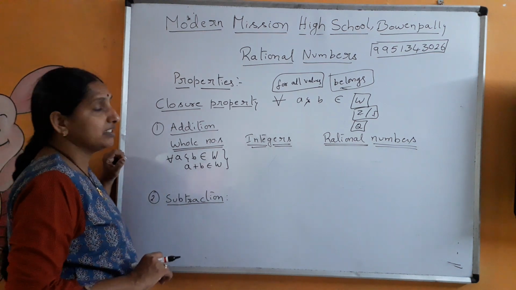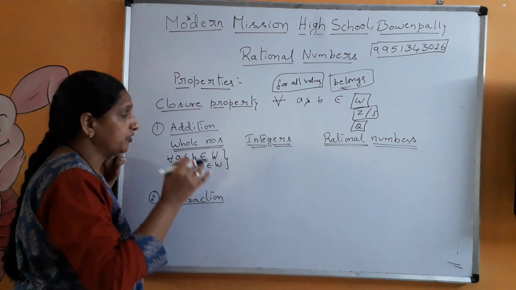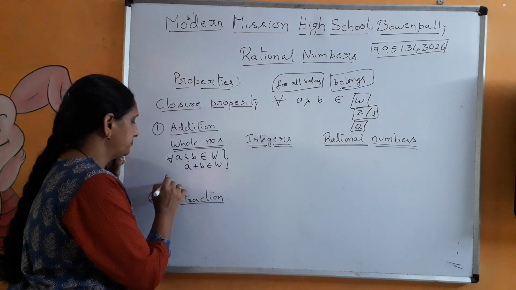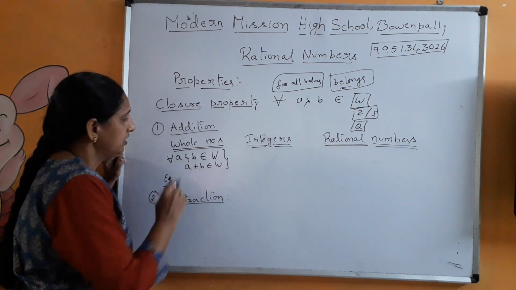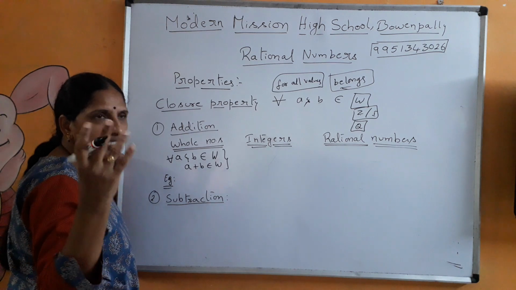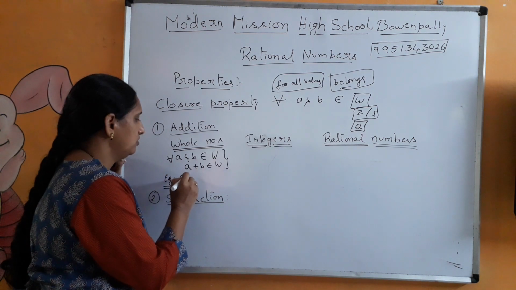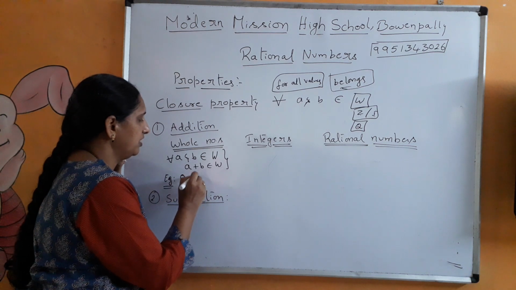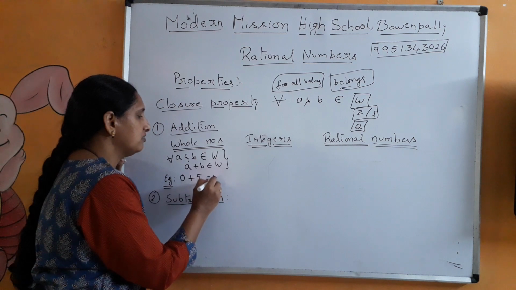Let us verify whether it is possible or not, taking an example. Taking an example, we'll take whole numbers. Tell me any two whole numbers. I'll take 0 and 5. 0 plus 5. 0 belongs to whole numbers, 5 belongs to whole numbers. 0 plus 5 is equal to 5.